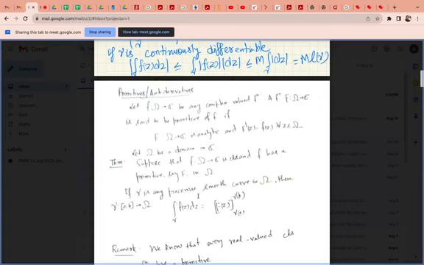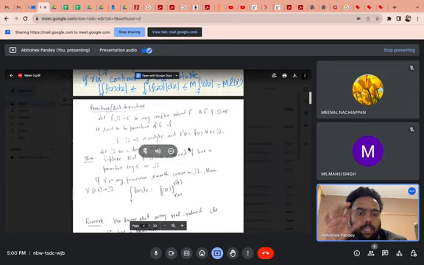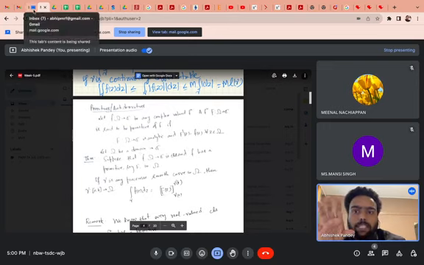So if the curve is closed, meaning the initial point is the same as the terminal point, gamma of a is the same as gamma of b, so F of gamma of b minus F of gamma of a will be 0. So if you have a primitive of a complex valued function, the integral of that function over a closed rectifiable curve will always be 0. Is it clear?